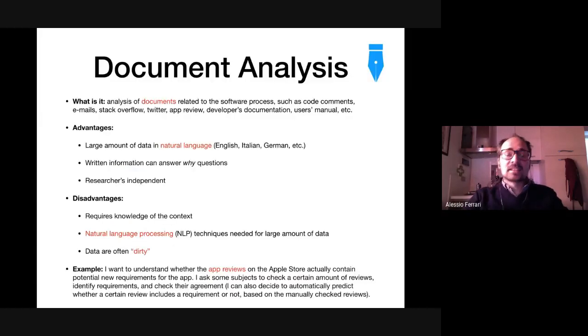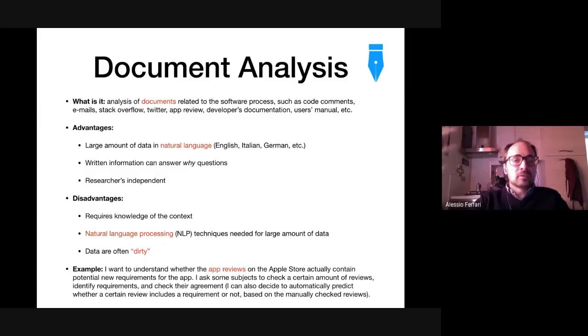Document analysis. This is another strategy, and consists in the analysis of documents related to the software process. So here I mean natural language documents, so documents that are written either in English, in Italian, German, so the spoken language. Okay. So this includes an ecosystem of information that is very large, because code has comments, but there are emails between people.